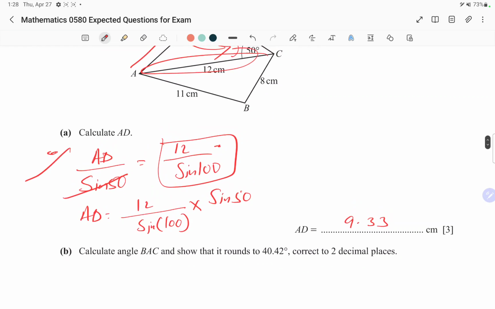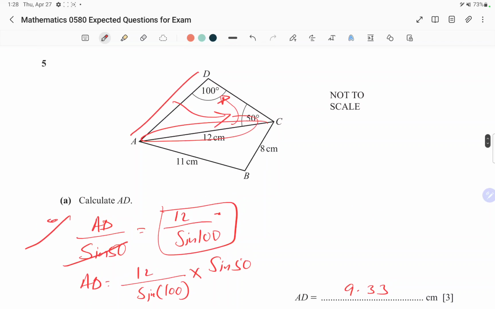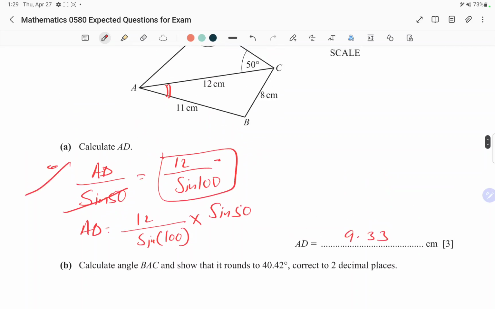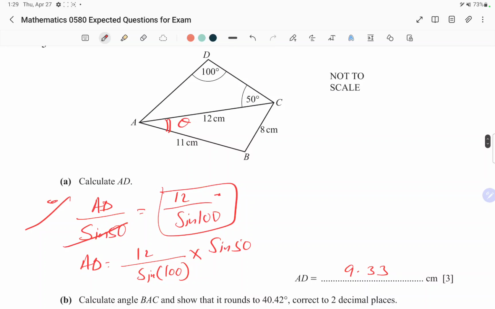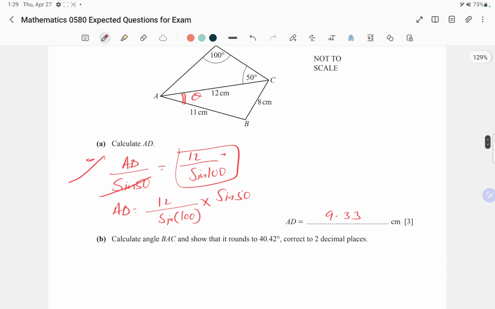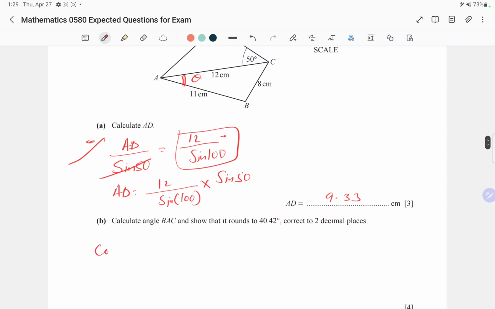Now calculate angle BAC. BAC, this angle they are talking about. We have three sides, so we can apply the cosine rule over here. So cos theta equals adjacent sides squared, 12 squared plus 11 squared, minus the opposite side, which is 8 squared, over twice the multiplication of the adjacent sides.